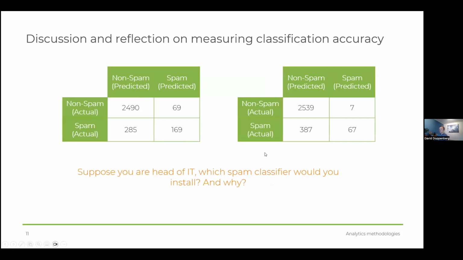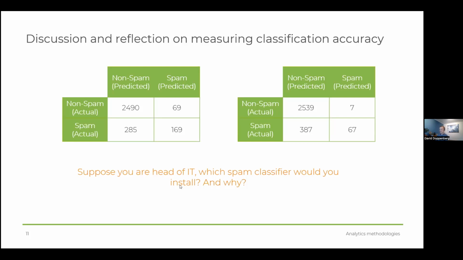So I don't think an actual discussion with 50 people is very useful here. So I will just try to give you a little bit of an idea of this example, because suppose you would be head of the IT department at your company, and you need to install a spam classifier for all your employees.